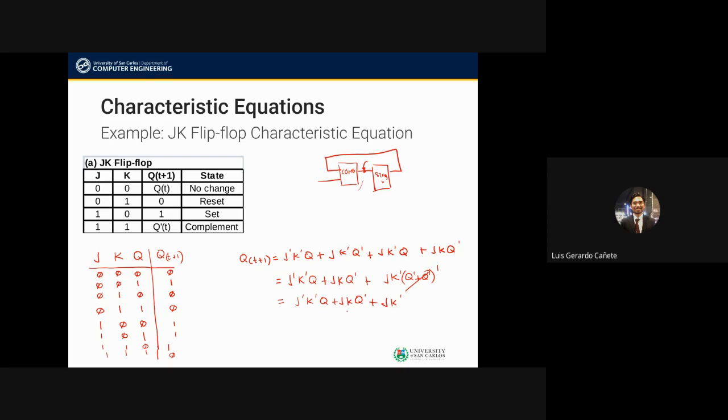So I think we can further simplify this, because I know the logic function, but I can't see the simplification from this towards the end. Let me see. J bar K bar Q plus J K Q bar and then J K bar.